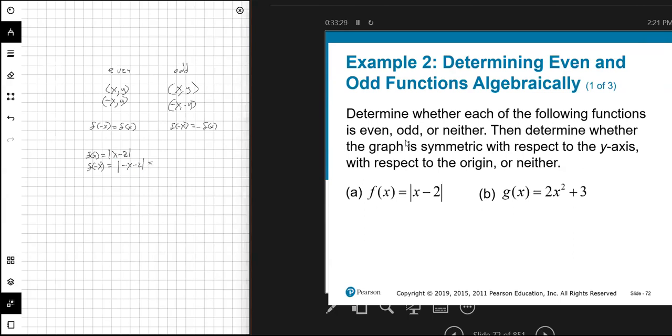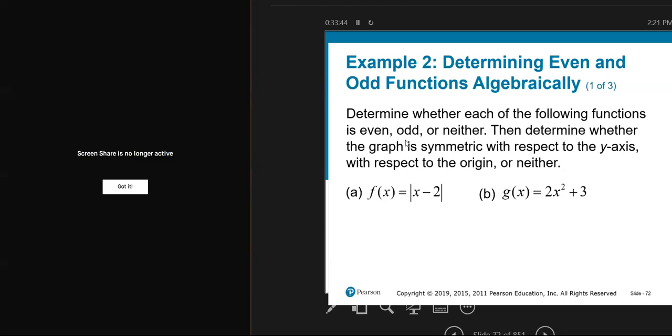And in here, I can factor out a negative sign, but it's still inside the absolute value. So it's the absolute value of the negative of x plus 2. And the absolute value of a negative is the absolute value of the positive.